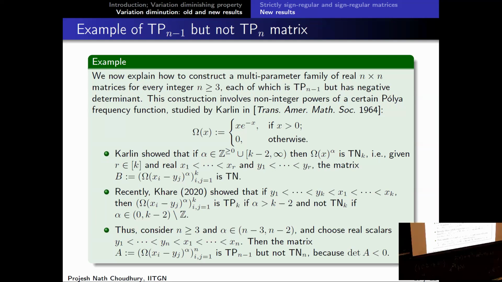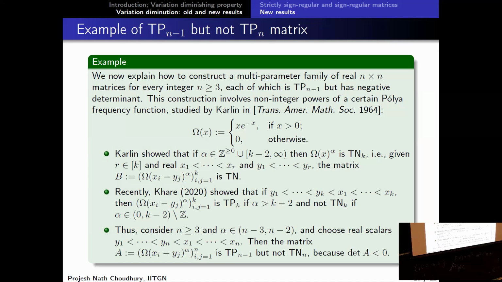Now suppose we take any n greater than or equal to 3 and alpha lies in this interval. From the previous result, because alpha is greater than or equal to n minus 3, this is totally positive of order n minus 1. But alpha is less than or equal to n minus 2, so this is not totally non-negative of order n.